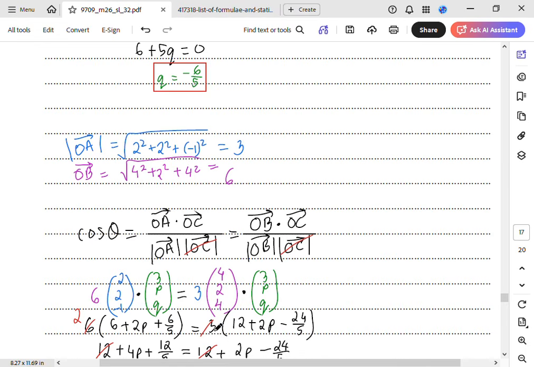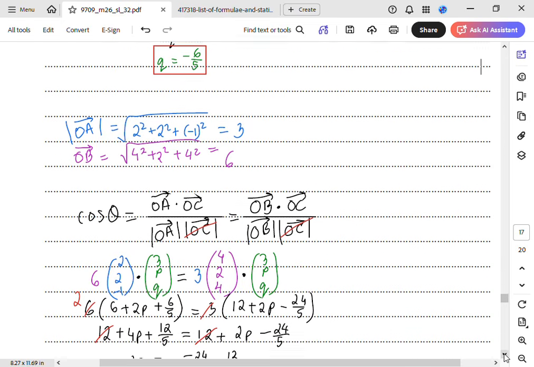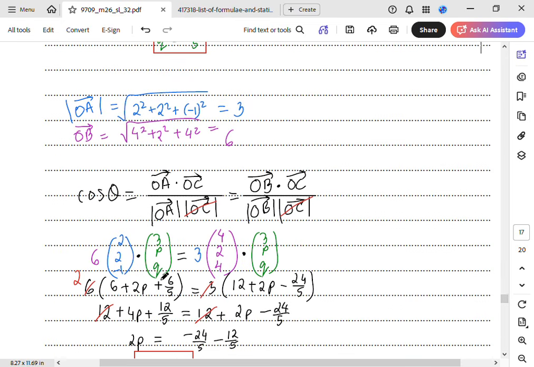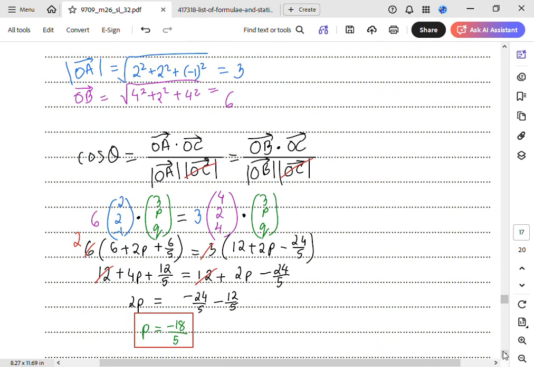So now if you find the dot product, it's 2 times 3 plus 2 times 3 minus 2 times 1 minus 1 times q, right? I already know the value of q, which is minus 6 by 5, so I plug it in here. And here is 4 times 12 plus 2p plus 4q. I know q is minus 6 by 5, so if you put it here, you can easily find the value of p, which turns out to be minus 18 by 5.